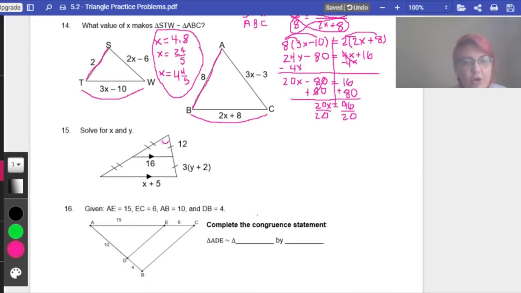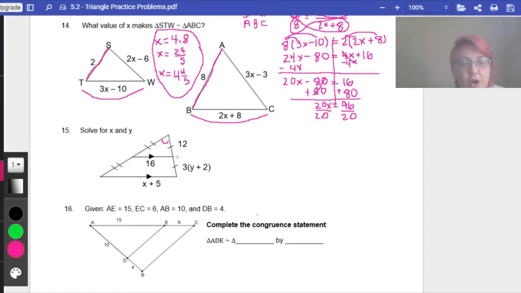I've already marked on 15 that we have a reflexive angle in our little triangle here and our big triangle here. So what I need to do is figure out how to solve for x and y. And a big part here is which one do I solve for first? Well, if I look, I've got these congruence marks, which means that solving for y is going to be really simple for me.